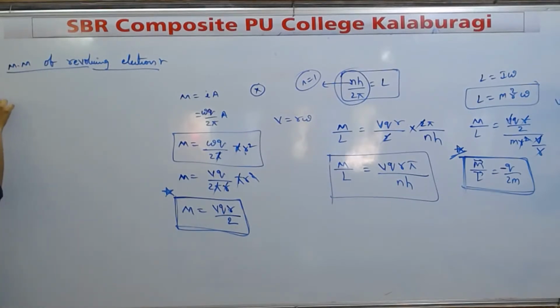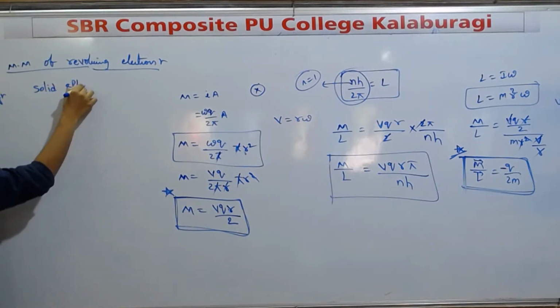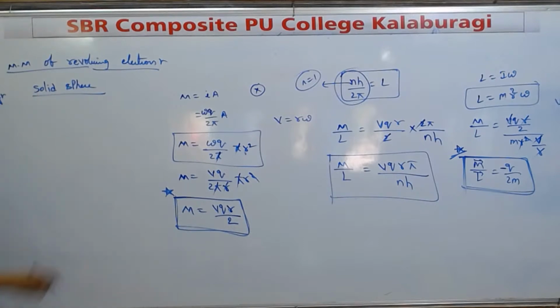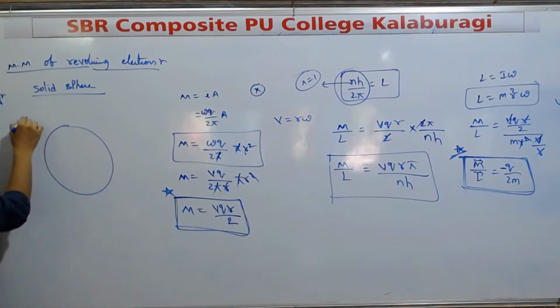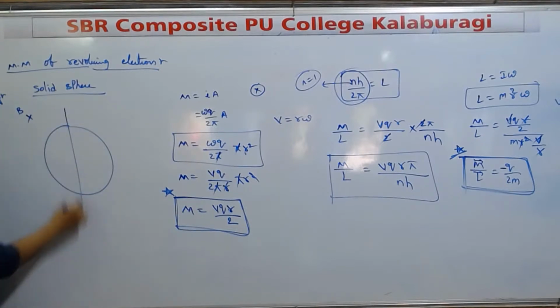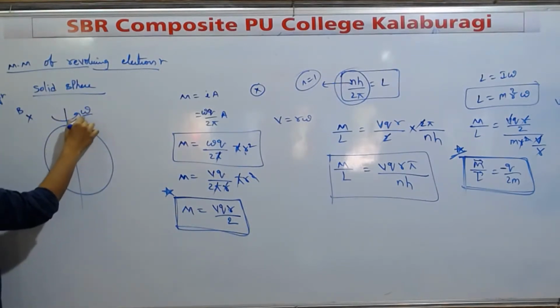See, do this. Consider a solid sphere placed in the magnetic field B. Assume it is rotating with an angular velocity omega.